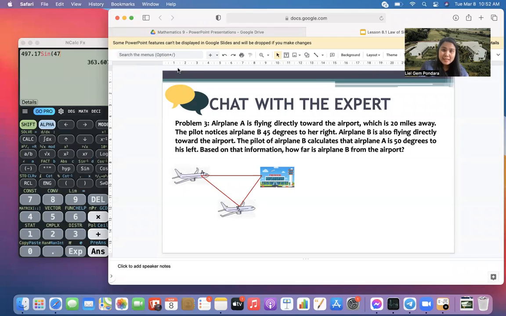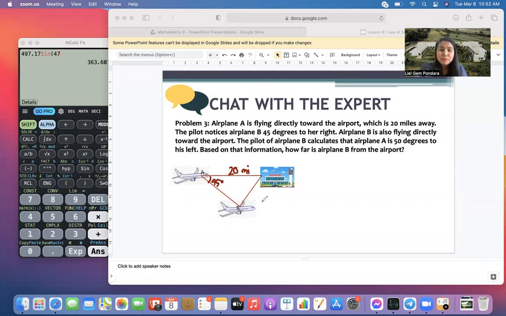Airplane A is flying directly toward the airport, which is 20 miles away. So I've drawn here, airplane A to the airport is 20 miles. The pilot notices plane B 45 degrees to her right. So from plane A, you draw an angle 45 degrees to the right.